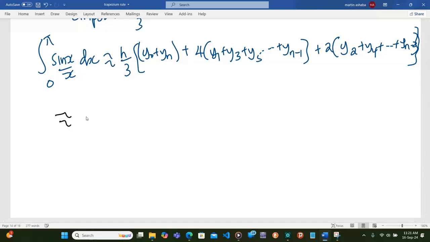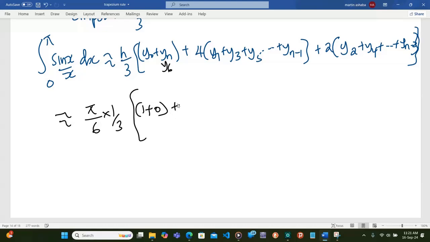So this approximates to h, which we already know is pi out of 6, times a third into, so the y naught, we said it is 1, then yn, which is y6, and this is going to be 0.